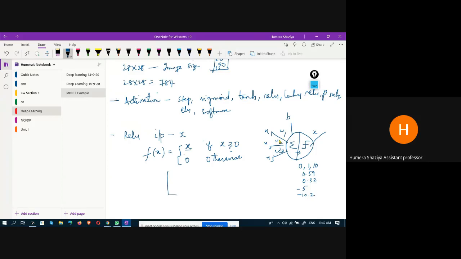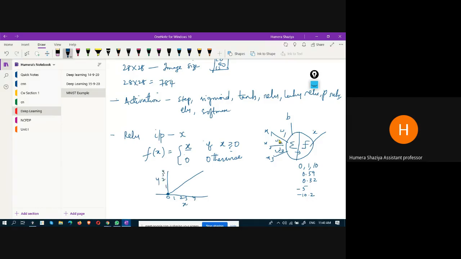So if you plot it, it will be like this. If the input is a negative value, the output will be 0, and for every positive value, 1, 2, 3, 4, the output will be the same as the input. This is input, this is output.